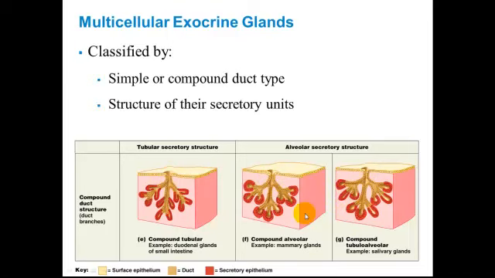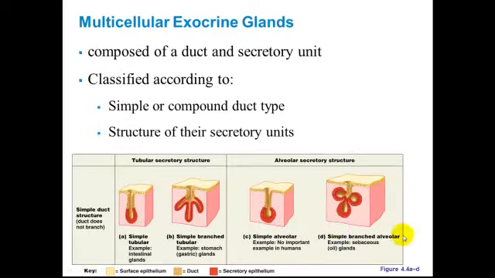In terms of where we might see these, this is an excellent example of mammary glands. Going back, the sebaceous glands that we will look at in depth in the Chapter 5 information, the sebaceous glands are an example of a branched alveolar structure.